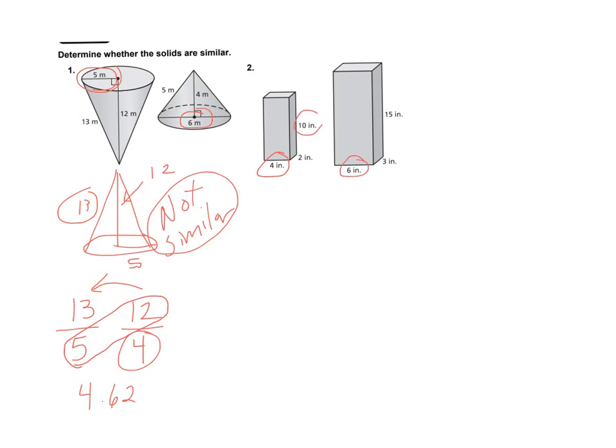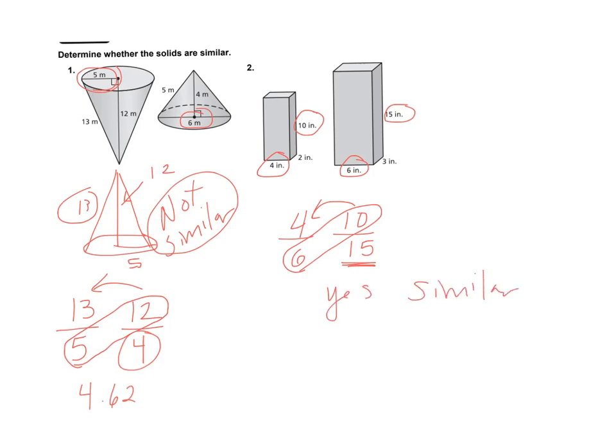So we would say 4 corresponds to 6, 10 corresponds to 15. Now we're going to multiply across. 6 times 10 is 60. 60 divided by 4 is 15. And so since it is 15, yes, these are similar. That's how you do the first two.